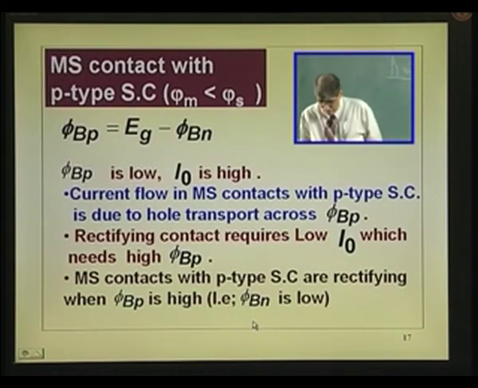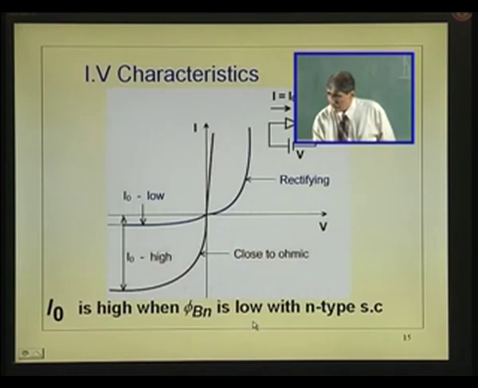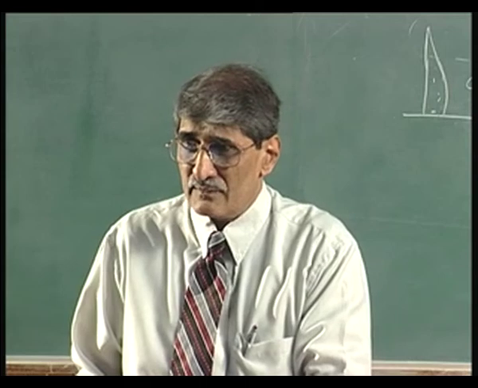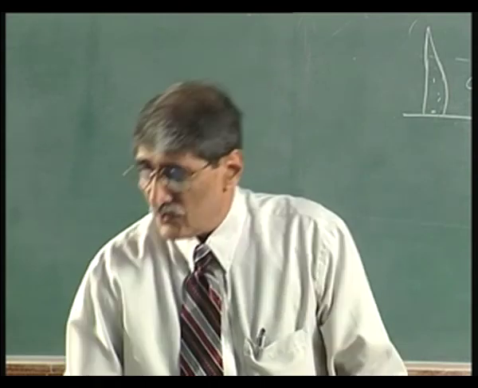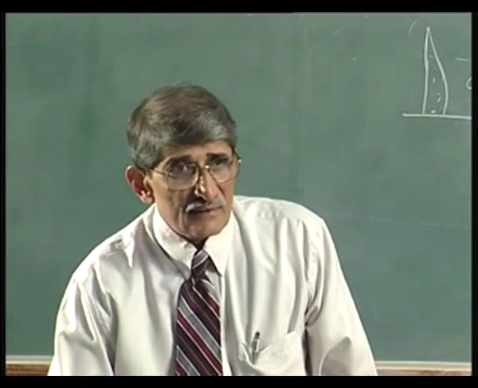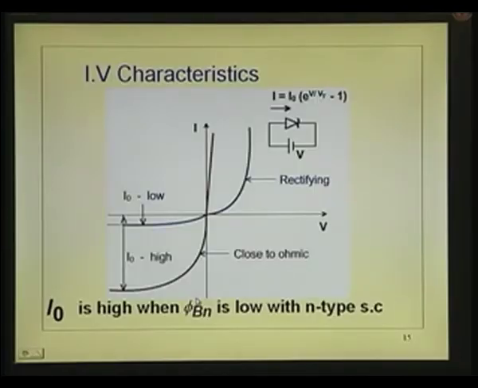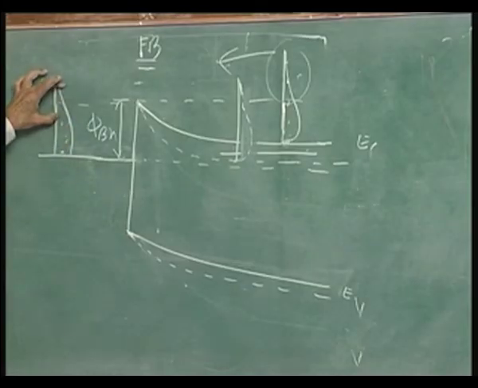Now, let me just go back to this curve and discuss before I wind up everything. So, ultimately what we are talking of in the case of N type substrate, we will talk of P type substrate in the next lecture, because we can't cover that. So, here what we want to make is phi bn small for ohmic contact, so that I naught is large.